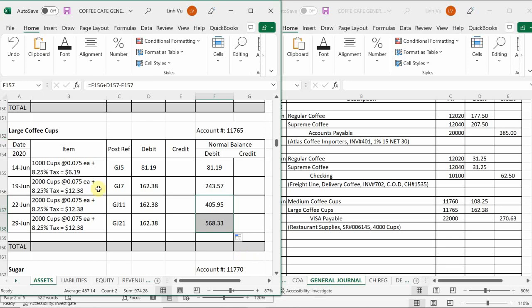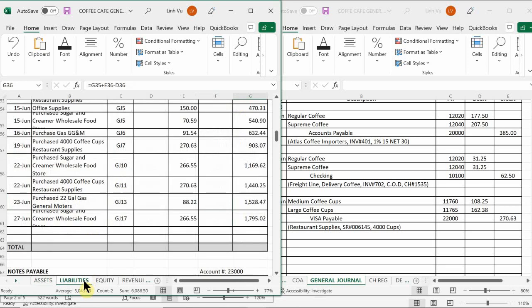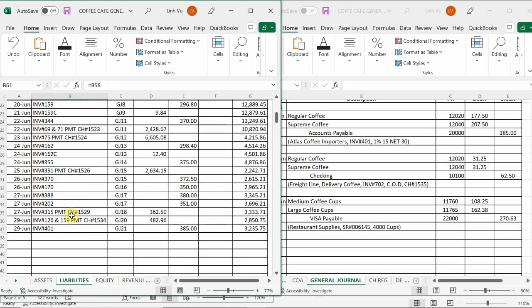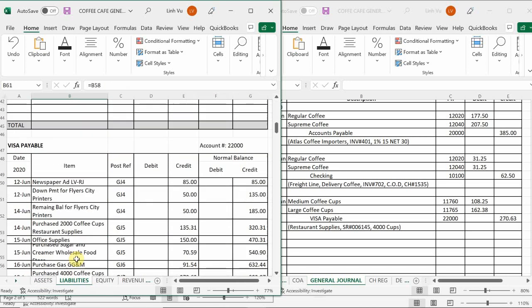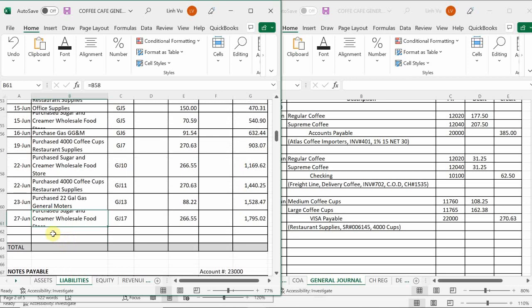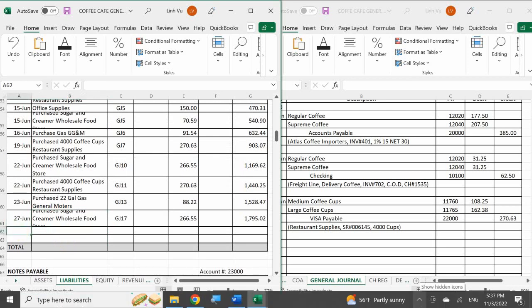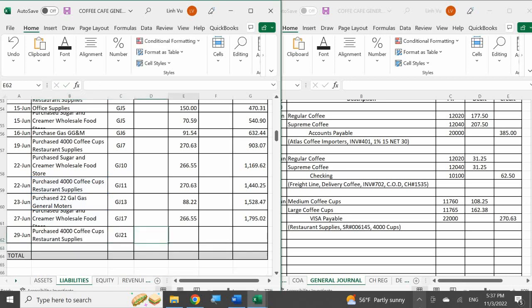Okay, $568.33. And last but not least, you charged your credit card, so you now owe your credit card a little more money. Okay, so again, Visa payable. We charged another amount for the purchase of 4,000 cups. Okay, General Journal page 21 for the 270.63.